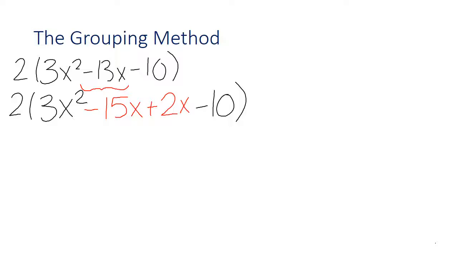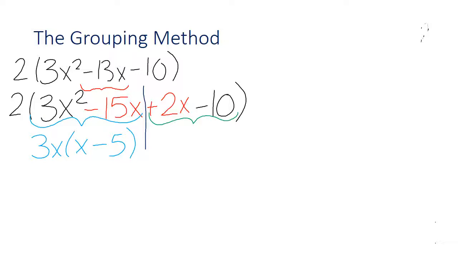On the following step, we will substitute the negative 13x with the factors we found, negative 15x and positive 2x. Now we will break the inner expression into two groups. We will factor the first group by the greatest common factor, which is 3x. And we factor the second group by the greatest common factor, which is positive 2.